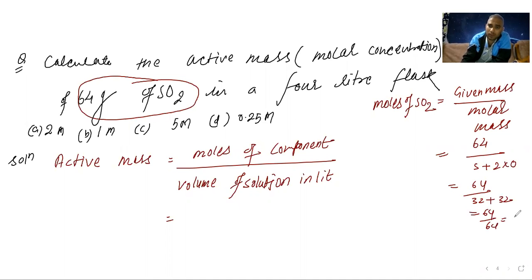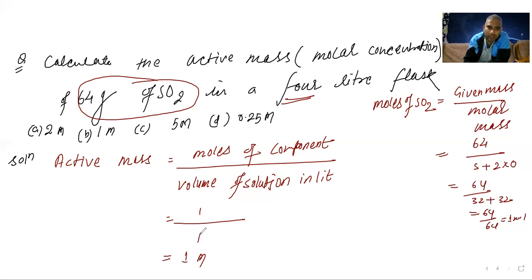That is going to be 1 mole, right? So moles of component is 1. Volume of solution in liters, how many liters are there? Here, in 4 liters they have given, not 1.